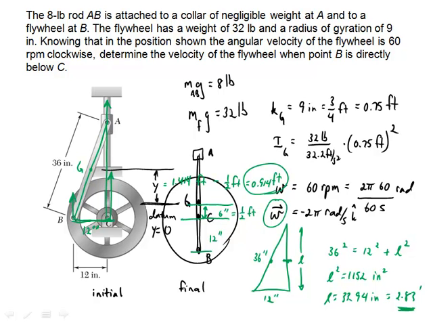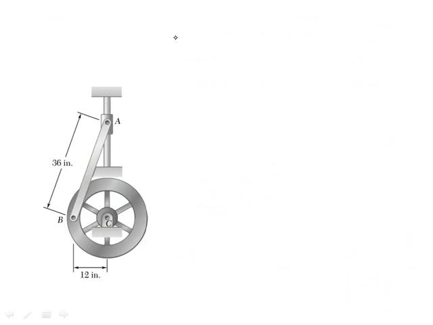Now the velocity is not 0, but omega is. I can calculate the linear velocity. Let's just go ahead and prove that. Let's not just take it for granted. So I have the velocity of B with respect to C. Now C is a fixed point, and that's going to equal omega of the flywheel crossed with the position of B with respect to C. And that's going to be 2 pi seconds to the minus 1, in the negative k direction, crossed with 1 foot in the negative i direction.